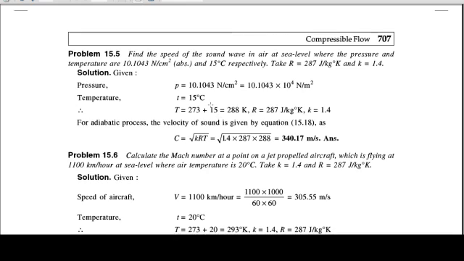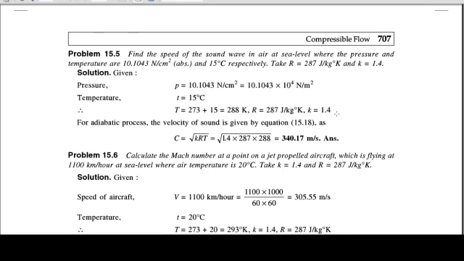But here the temperature is not absolute, so we have to calculate the absolute temperature. So capital T is equal to 273 plus 15, so it is equal to 288 degree Kelvin. Then the value of R is 287 joule per kilogram degree Kelvin.